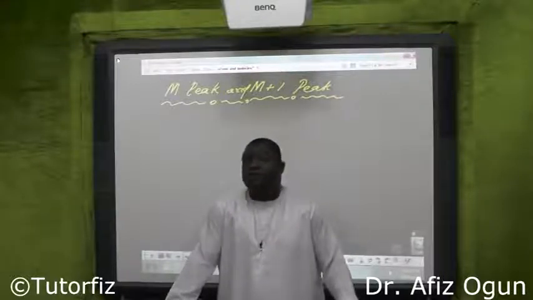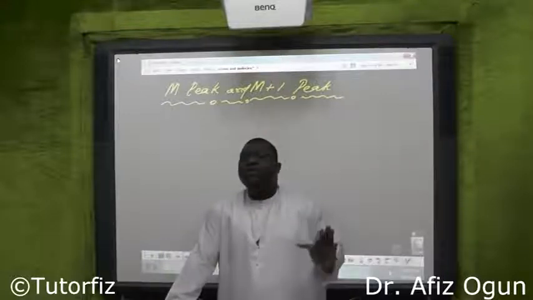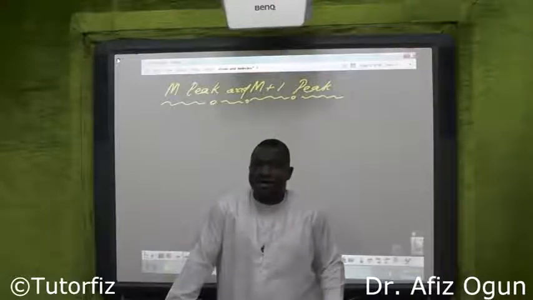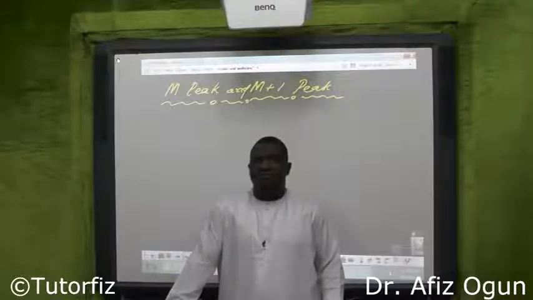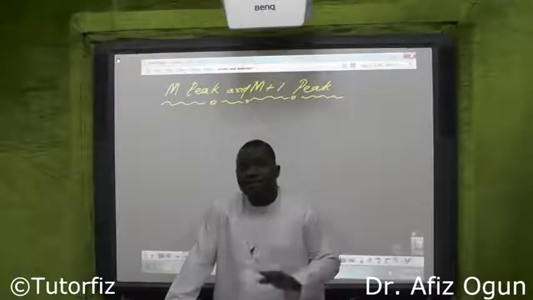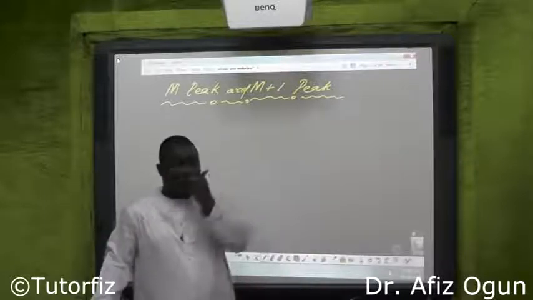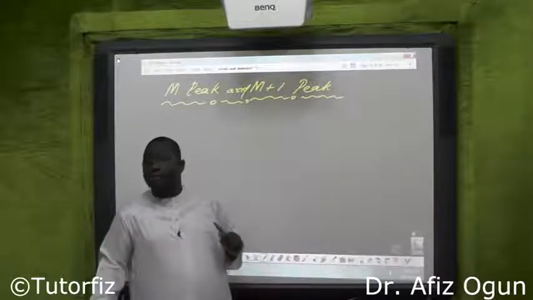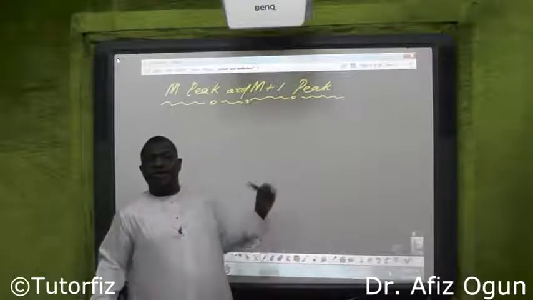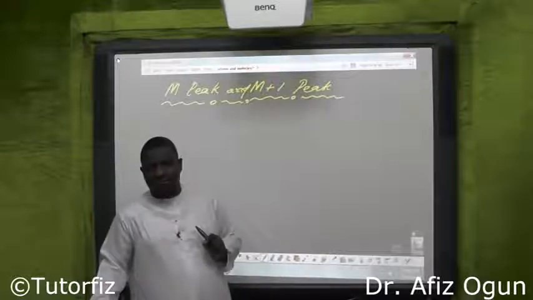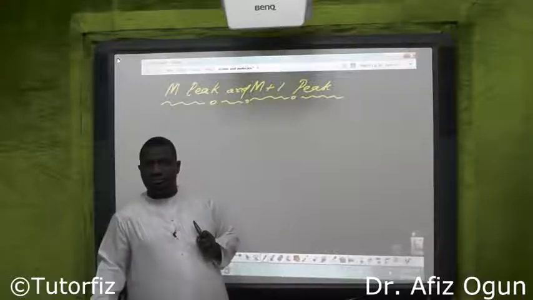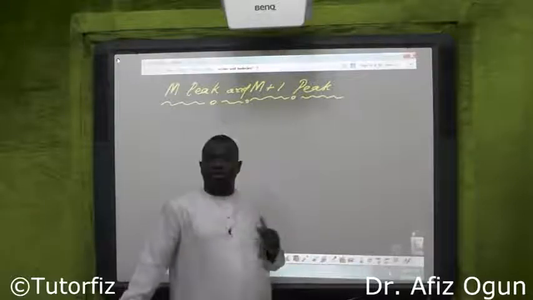Also, some of you will be restricted to only the mass spectrum at AS. You'll be asked to read the mass spectrum for atomic mass, relative atomic mass, in your Unit 1 exam, and molecular mass in your Unit 2 exam.